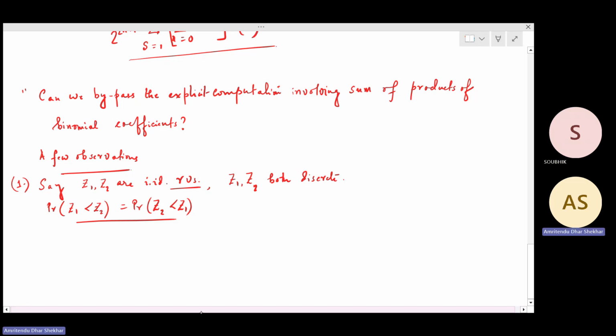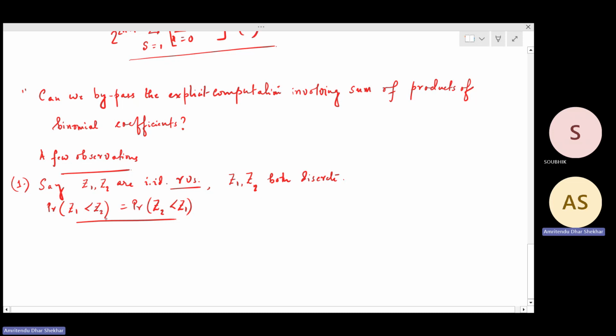So let's say you have two random variables. Let's say you and I are both tossing a coin n number of times. I count my heads, you count your heads. So let's say Z1 counts your heads, Z2 counts my heads.